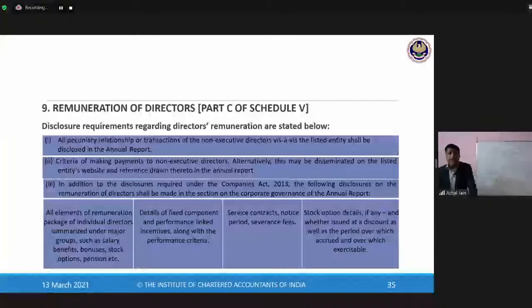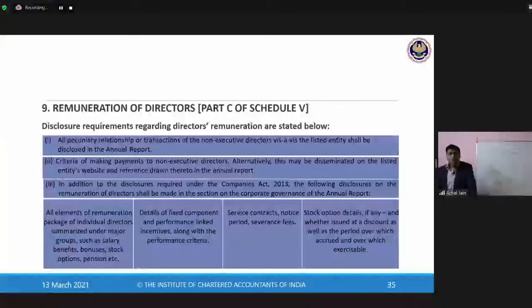Means instead of putting it in detail in the annual report, this can be put on the website of the company, and the link to the website where this information is put will be specified in the annual report. So anyone who wants the details while reading the annual report can go to the website and refer to it.